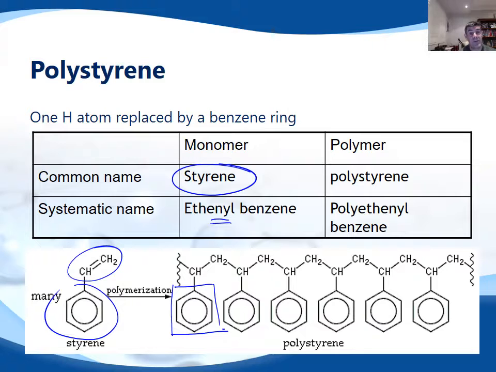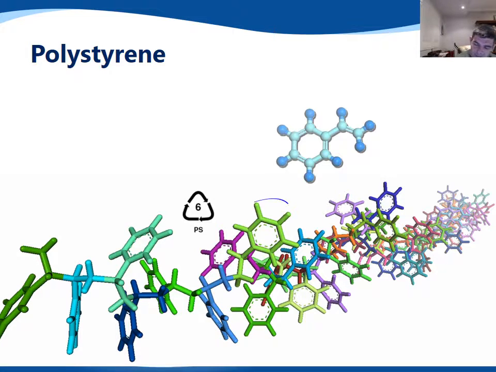When you put lots of them together, you get polystyrene. Now you can see the presence of these ring structures scattered throughout the long polymer chain, and of course this creates additional problems. Here's the structure of the benzene ring, and there is the double bond in the original ethene.